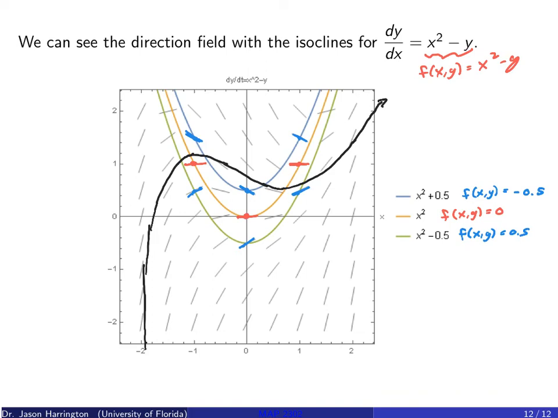So again, that's what our solution is going to look like. You can see that here, your solution has a max. Why does it have a max at that particular point? Because remember, when it hits the orange curve, the derivative is 0. Just like on this side over here, when the solution hits this curve, the derivative is also 0. So there's your minimum, right?